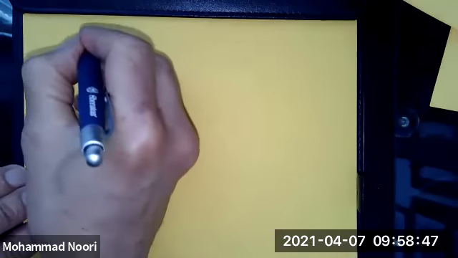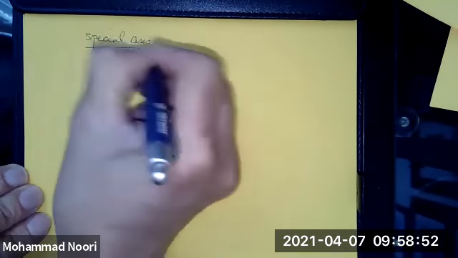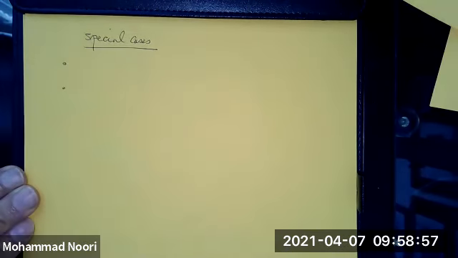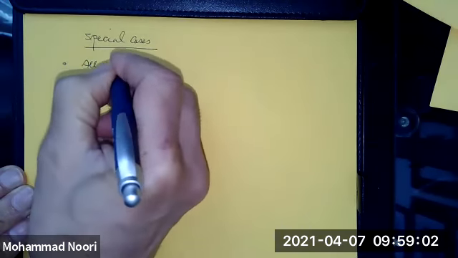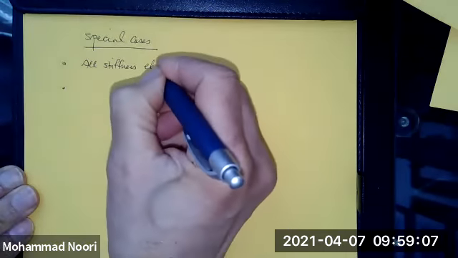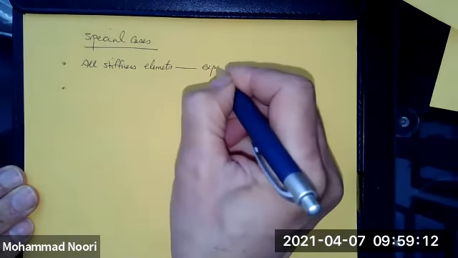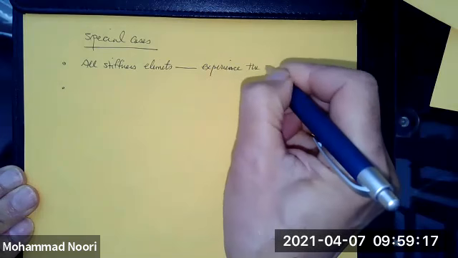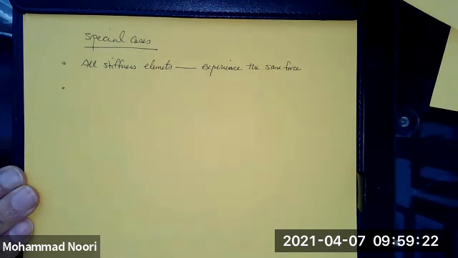There are two special cases that I want to introduce, and it is discussed in your book. These two special cases are as follows. It happens that all stiffness components or elements in the structure are arranged such that they experience the same force, or are subjected to the same force.